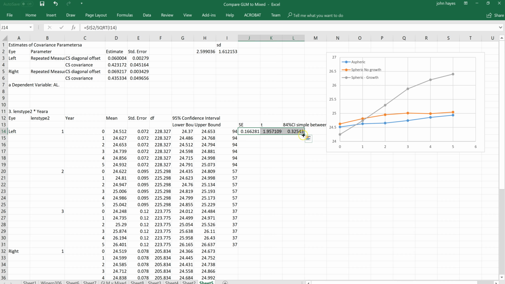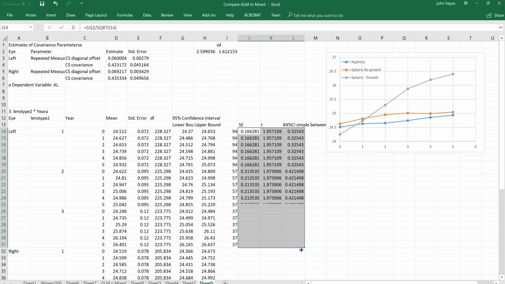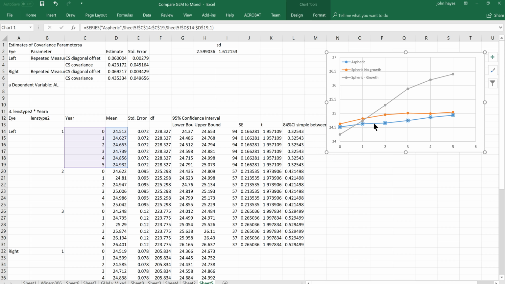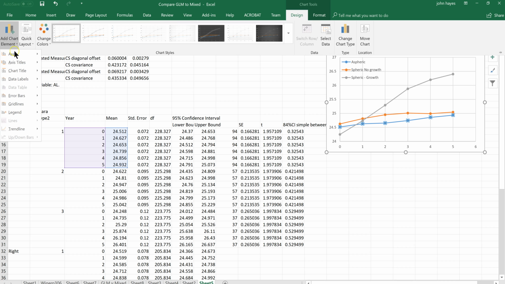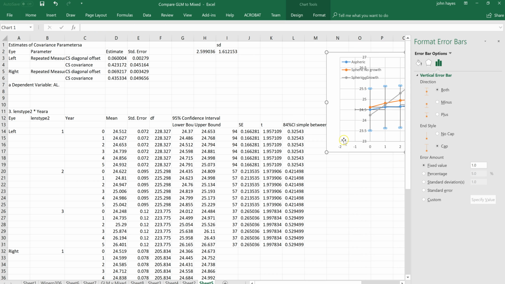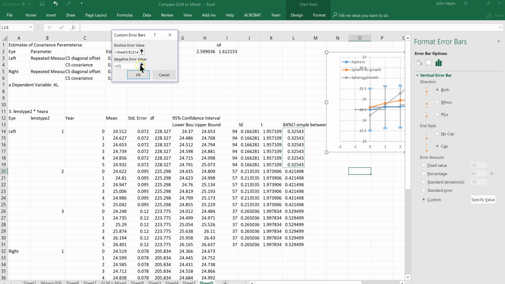So let's come down here, copy all these guys, and then go in here: design, add a chart element, error bars, more error bar options, custom, specify values. These guys.